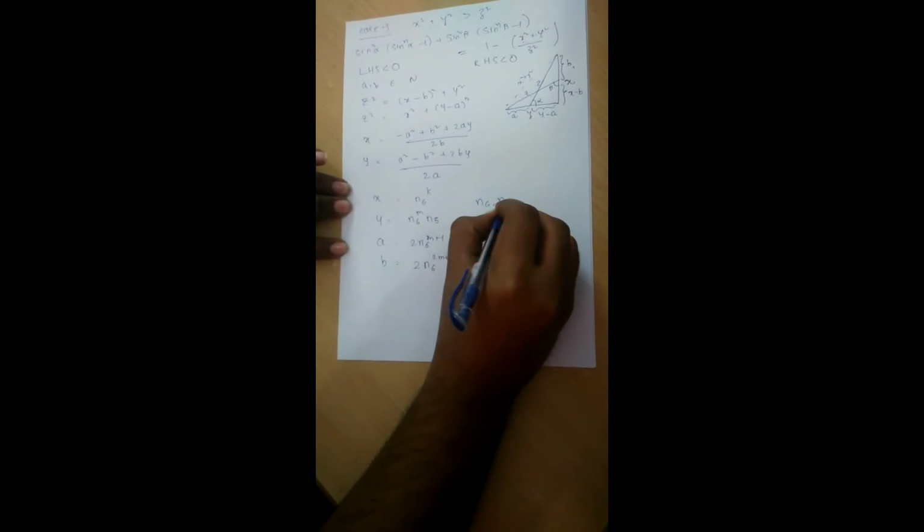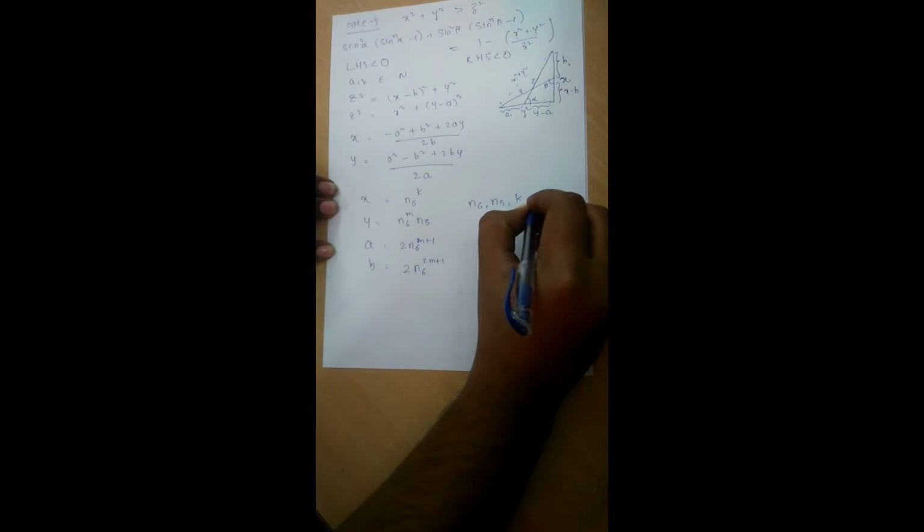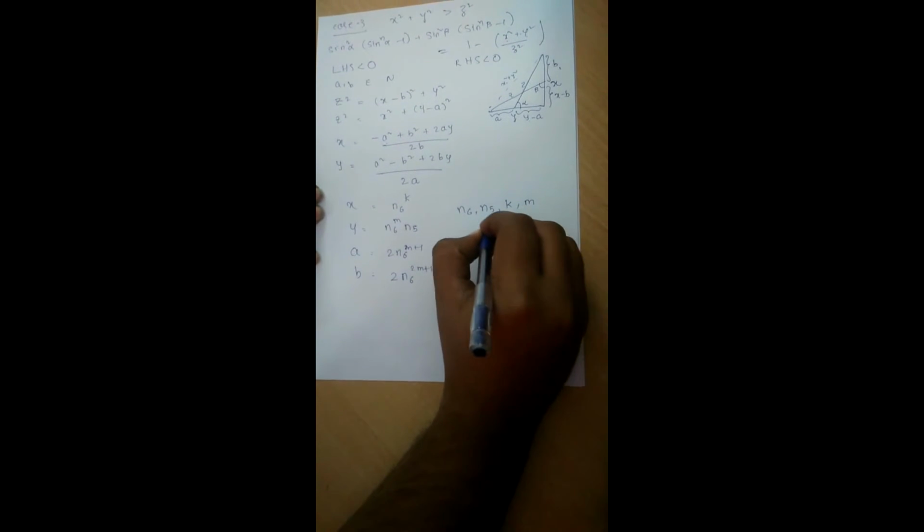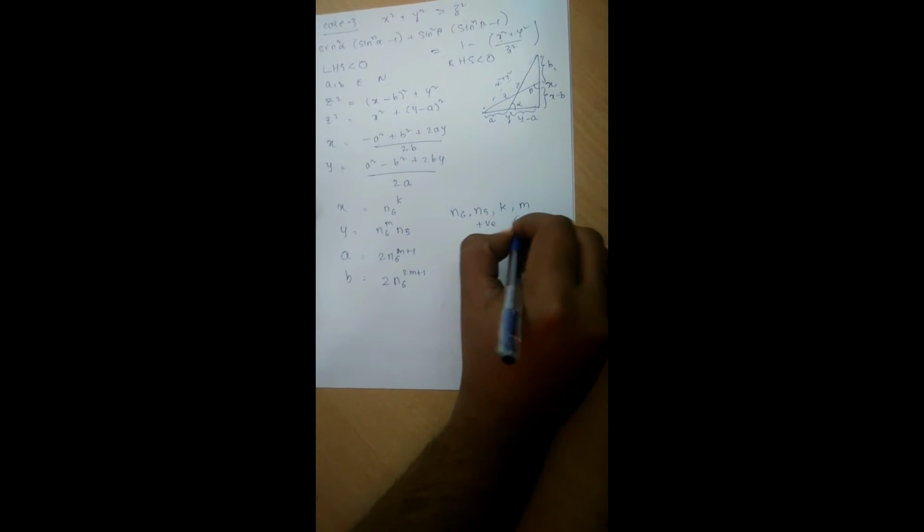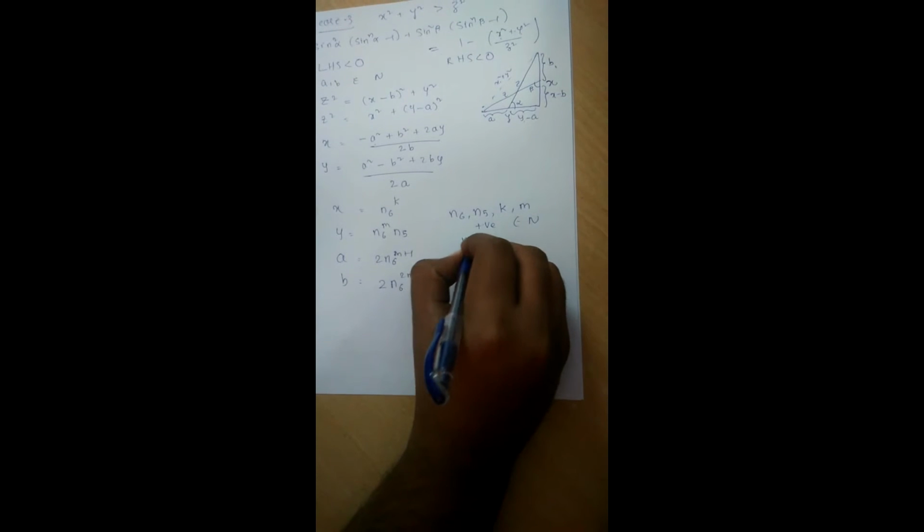Here n6, n5, k and m are positive integers, in the sense they belong to natural numbers, but n6 is not equal to 1.